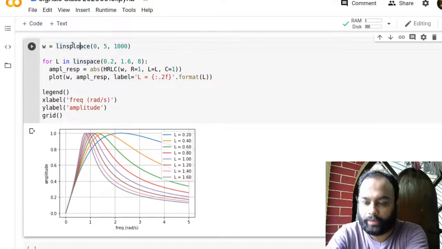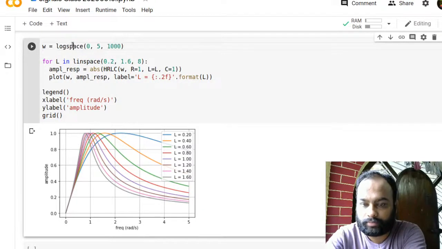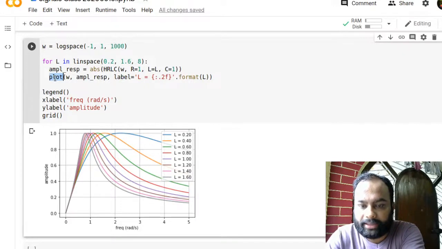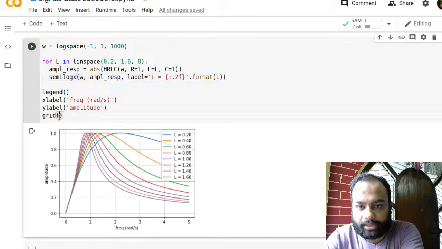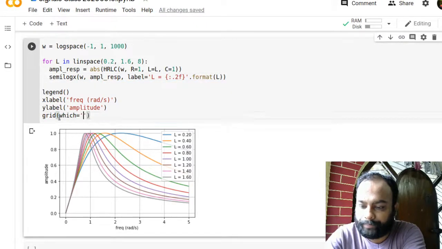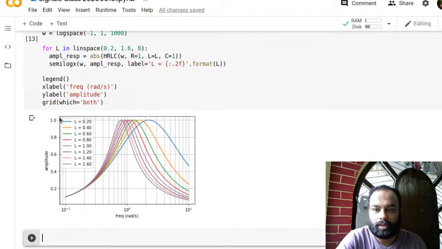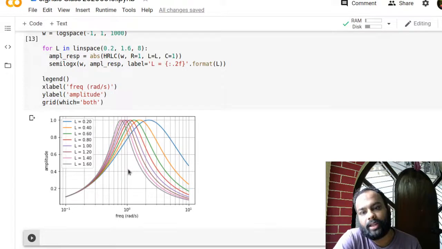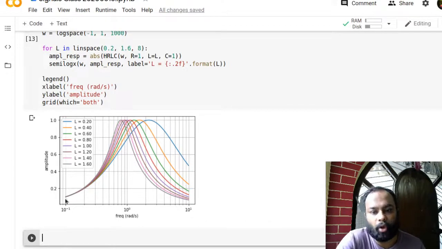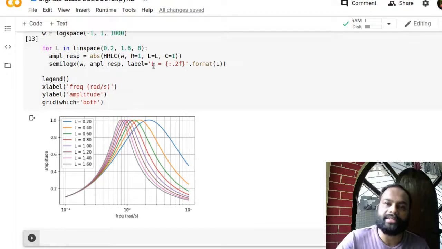So again, make this log space from 10 to the power minus 1 to 10 to the power 1, make this semi-log x, and say which equal to both. Again, you have a better understanding that it is blocking lower frequencies, and the corner frequency is shifting because we are changing the value of L.